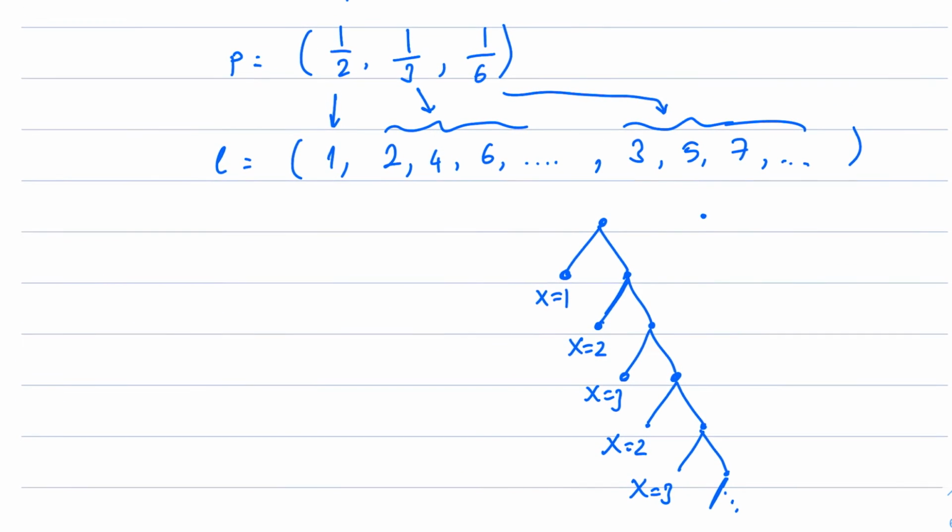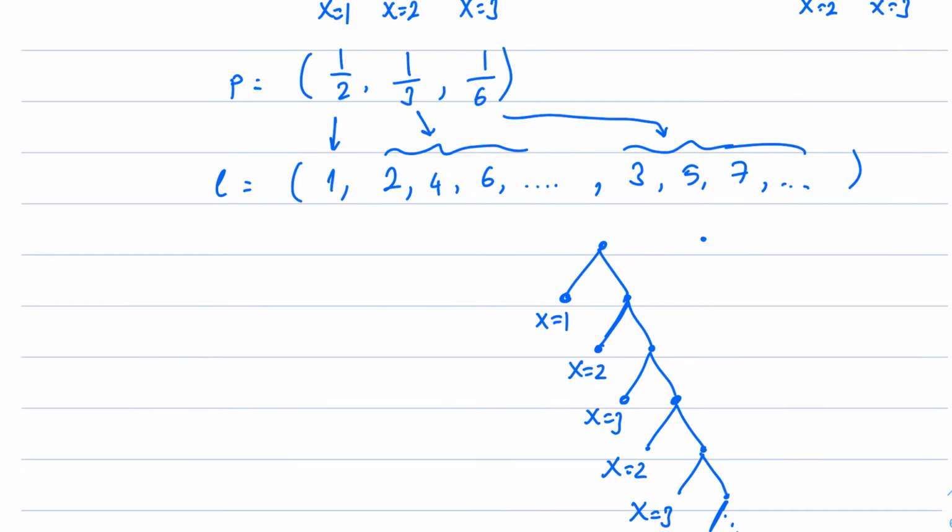And if we do the assignments, we see that depth 1 is assigned to x equals 1, depth 2 is assigned to x equals 2, all the odd ones starting from 3 are assigned to x equals 3, and all the even ones starting from 2 are assigned to x equals 2. And the assignment and tree look like this.